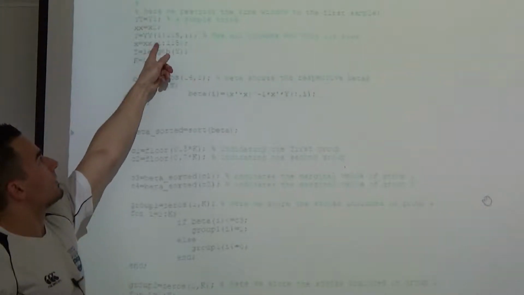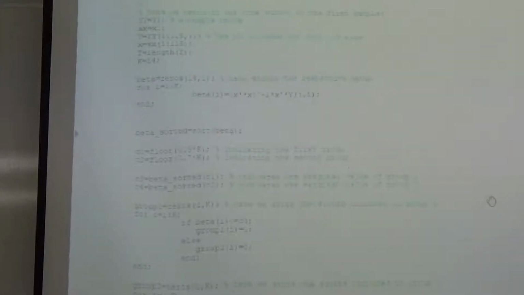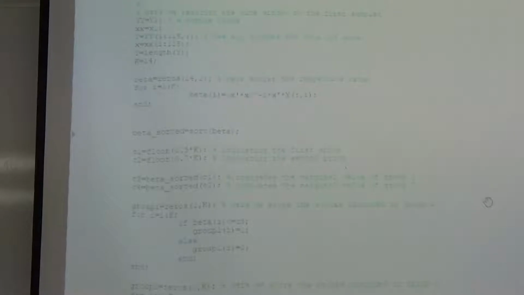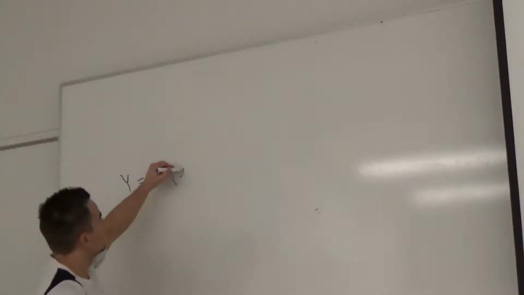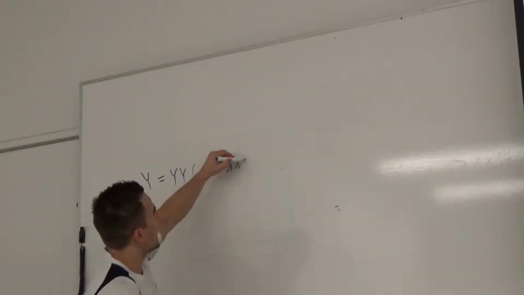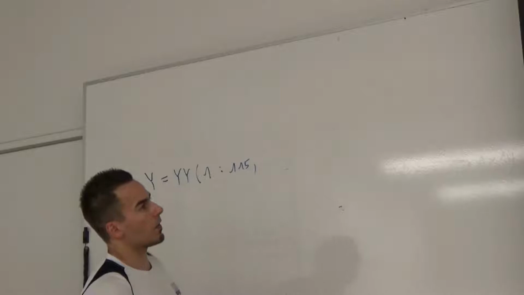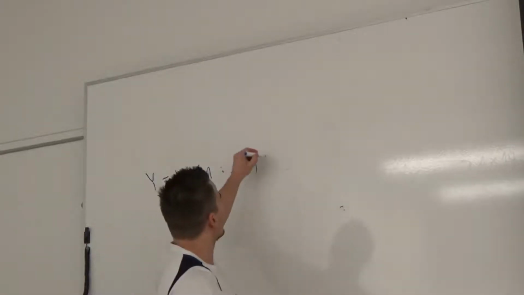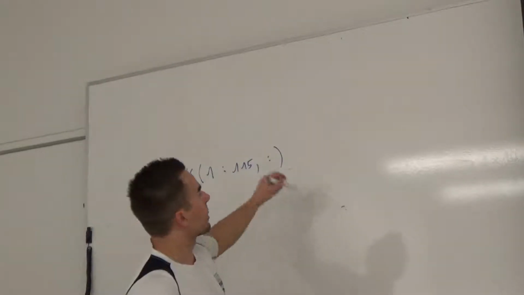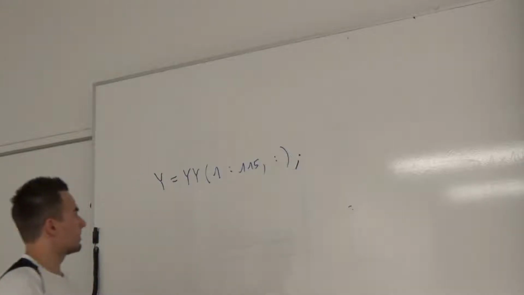And it says in parentheses 1 double point 115, comma, and then again this colon here.